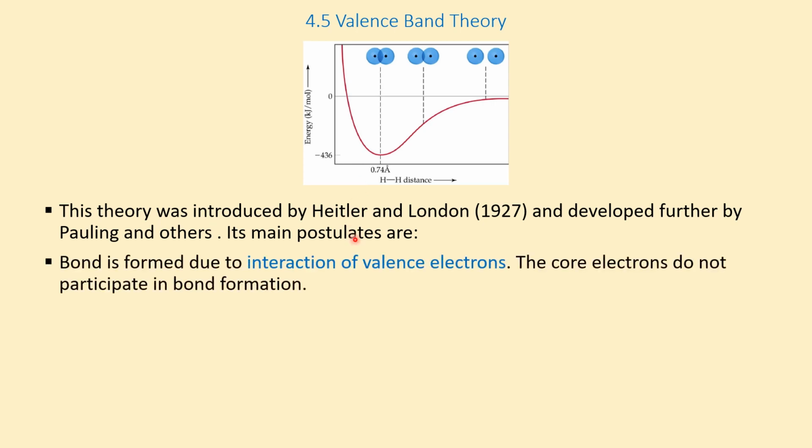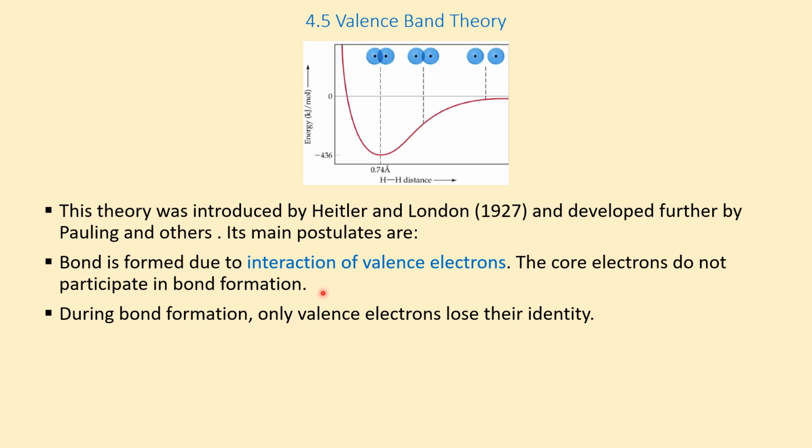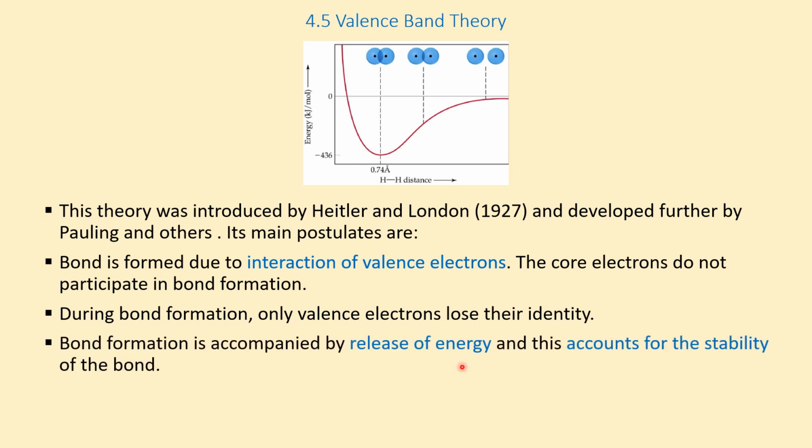Bond is formed due to interaction of valence electrons. The core electrons do not participate in the bond formation. During bond formation, only valence electrons lose their identity. Bond formation is accompanied by release of energy and this accounts for the stability of atoms.